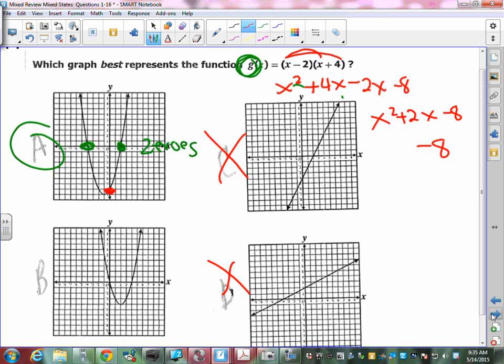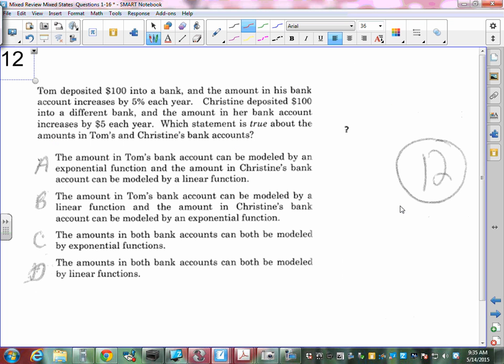Okay, number 12. If something is increasing by a certain percentage here, remember in the Springboard book, there was a lesson on protecting your investment, about the value of a house, and the value of the house kept going up.